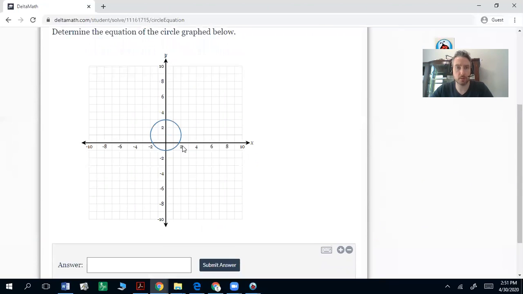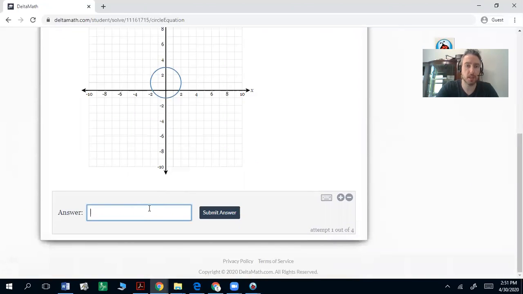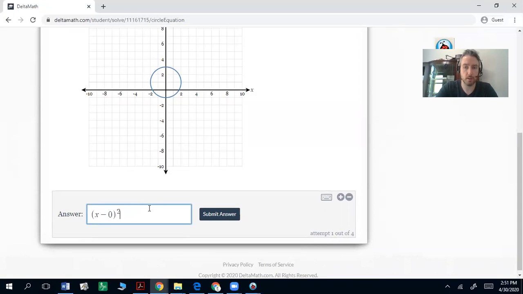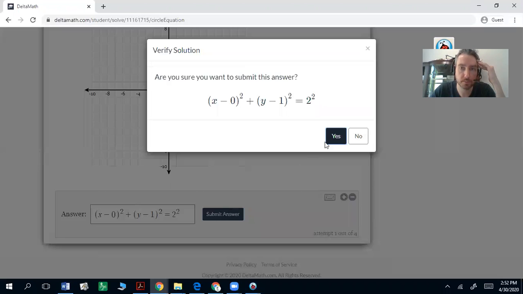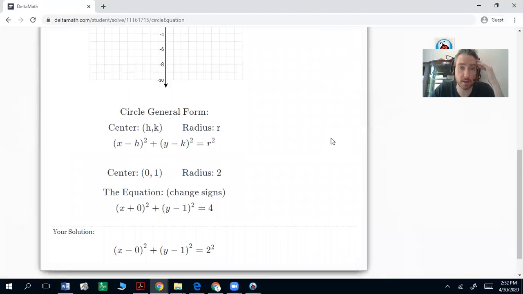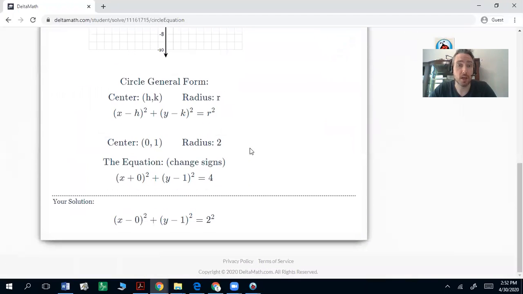So you could type x minus 0 squared plus (y minus 1) squared equals 2 squared. And that might accept that answer. So let's see. You get away with doing that. However, you don't need the minus 0 if it's 0, and you want to make 2 squared equal to 4.